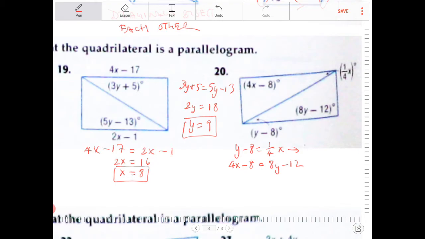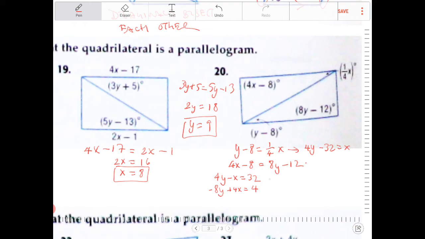I end up with 4y minus 32 is equal to x. If I bring all the variables over to one side, I end up with 4y minus x is equal to 32. And if I do the same thing with this one, I end up with negative 8y plus 4x is equal to 4.